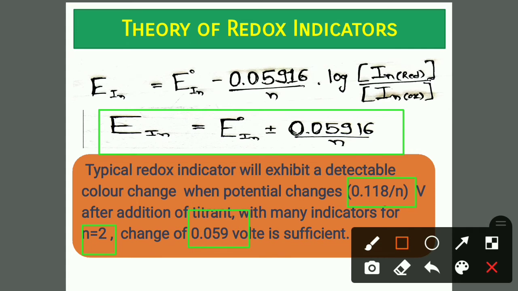So we can say that if the potential change is in the factor of 0.118 divided by n, then we can see the change in the color of the indicator. For n equal to 2, that is, when the number of electrons which take part in the reaction is only 2, a change in potential of 0.059 volt is sufficient. In that case, we can see the change in the color of the redox indicator.